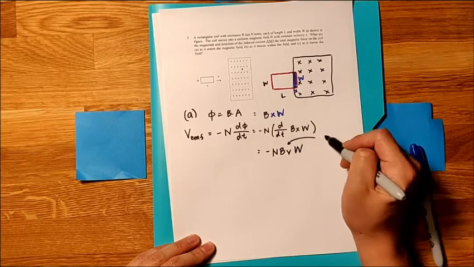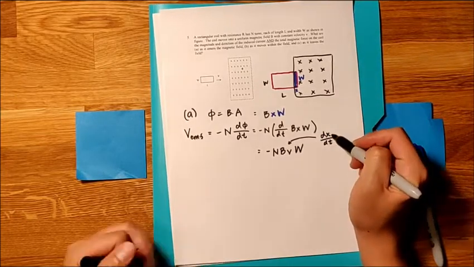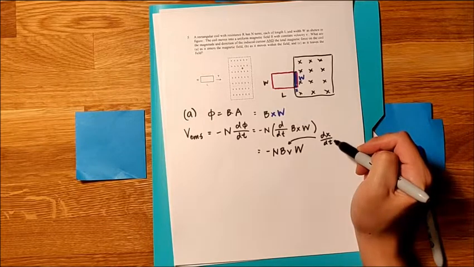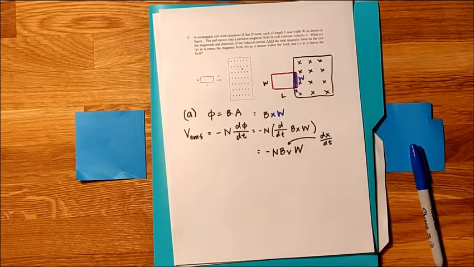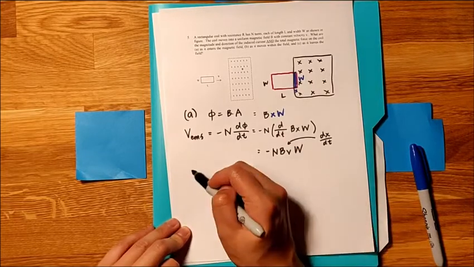So again, dx over dt just means the change of position with respect to time, which is simply velocity.